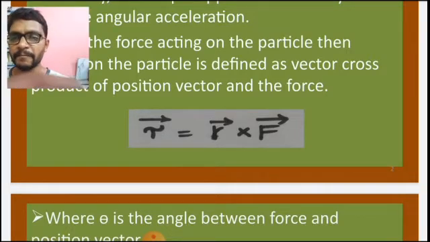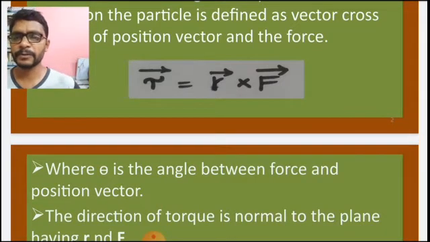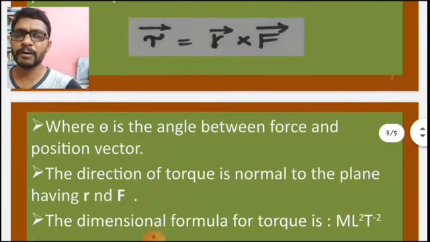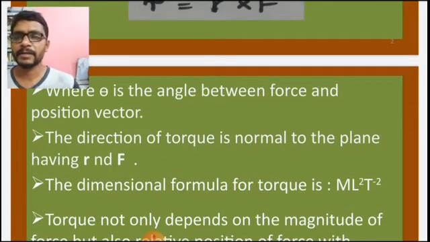Here theta is the angle between the force and the position vector. See, the direction of torque is normal to the plane having r and F.